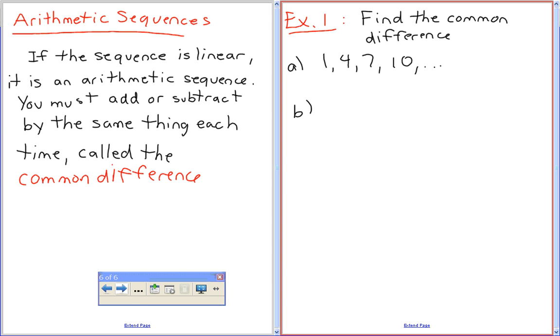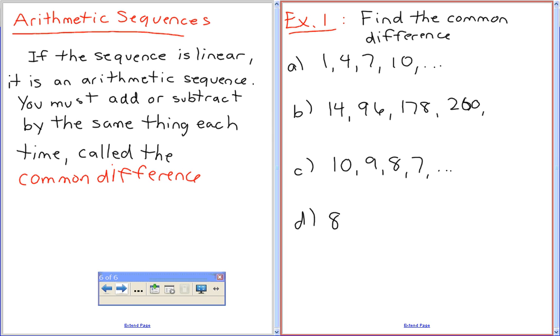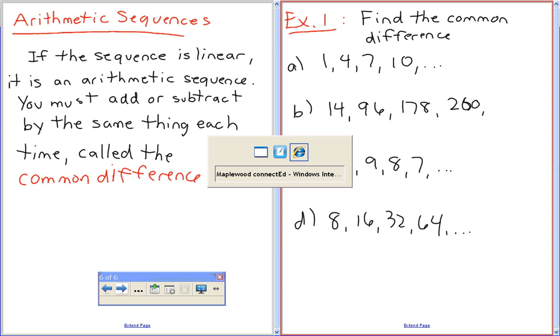B is going to be 14, 96, 178, 260. C is going to be 10, 9, 8, 7. And D is going to be 8, 16, 32, and 64. So I'm going to hit pause for a sec. I want you guys to try and find it.